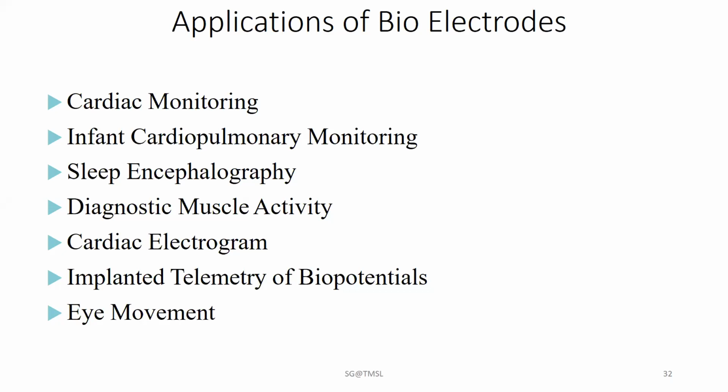And this implies that the net DC potential seen at the input to the amplifier connected to these electrodes is relatively small. It may be zero, which minimizes the possible saturation effects in the case of high gain direct coupled amplifiers.